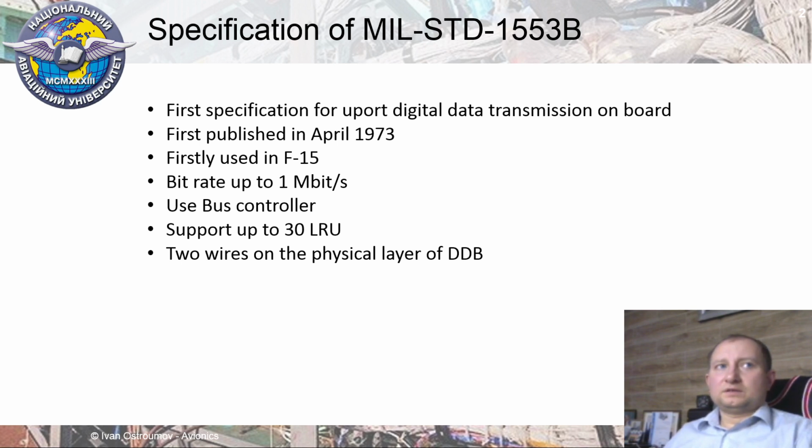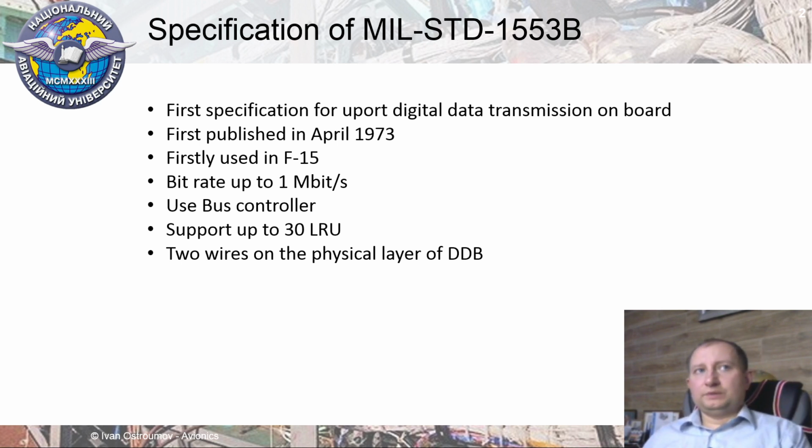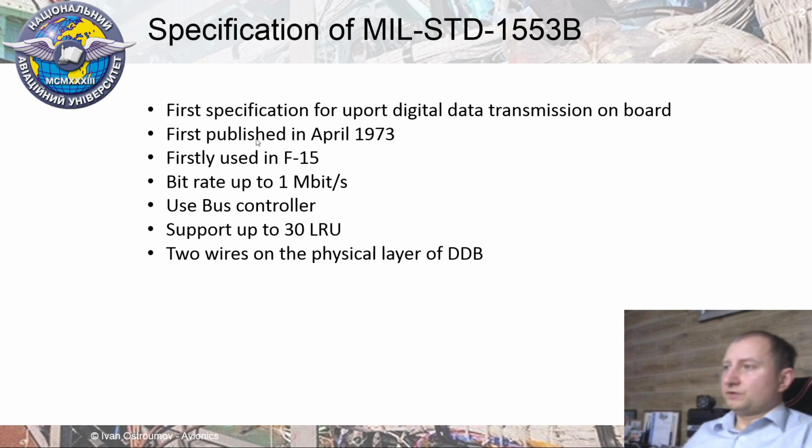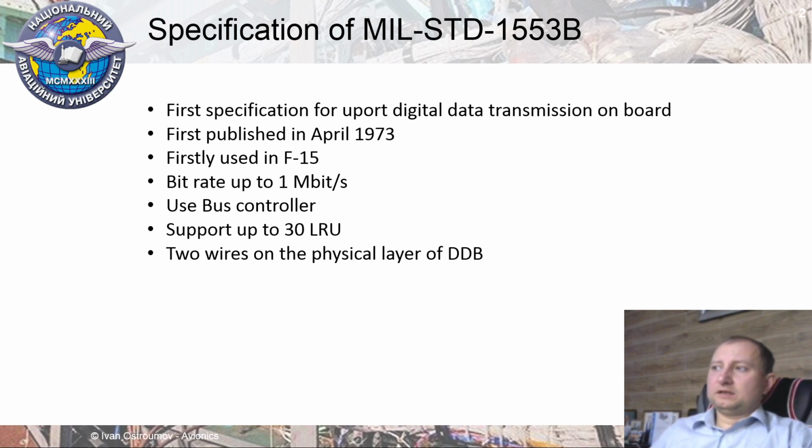It supports a much faster bit rate, up to 1 megabit per second. If you remember, ARINC 429 can support up to 100 kilobits per second. Thus, MIL-STD is much faster for data transferring.